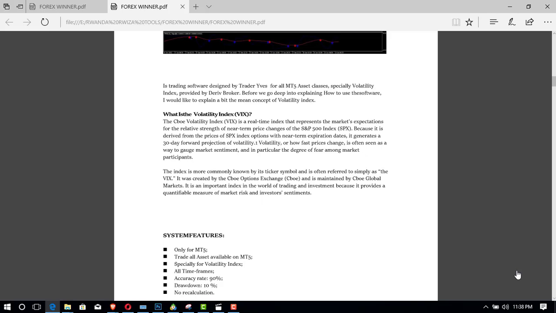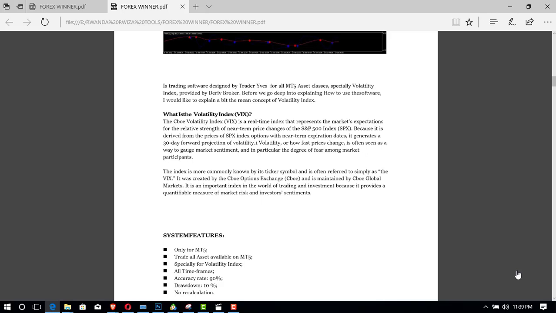This system can work only for MT5 traders, on assets available on MT5. It means all assets contained or located in MT5, especially all volatility indexes, boom and crash.